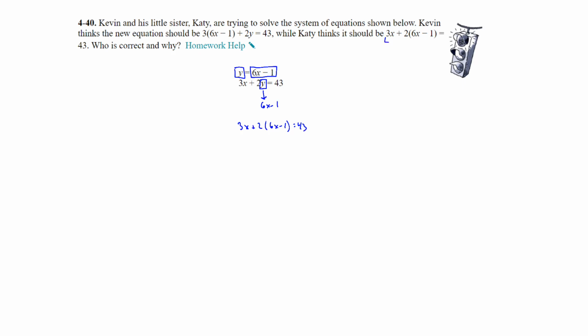Well, it looks like it's this one right here, and so that looks to be Katie. So Katie is correct, because the y should be replaced with 6x minus 1.